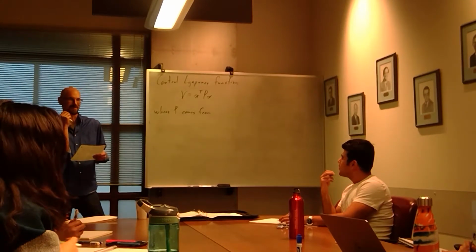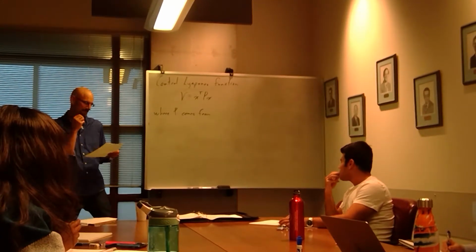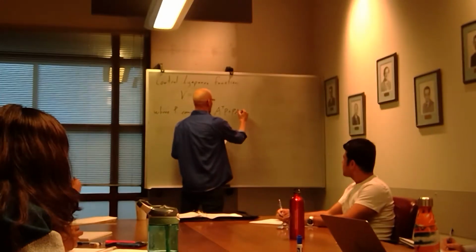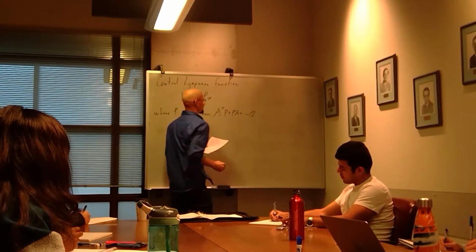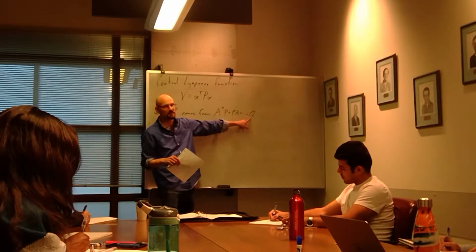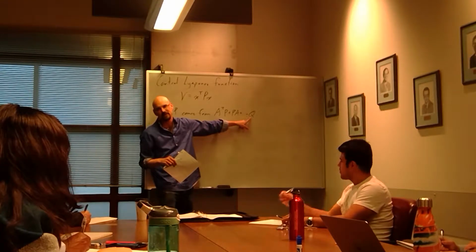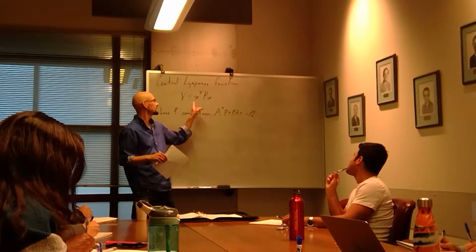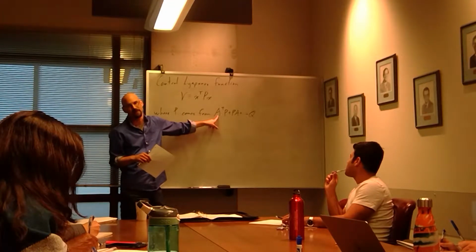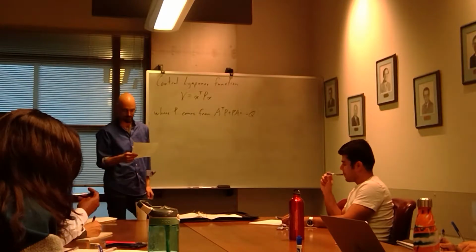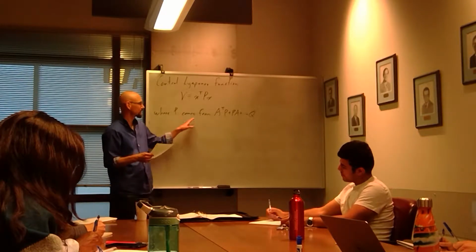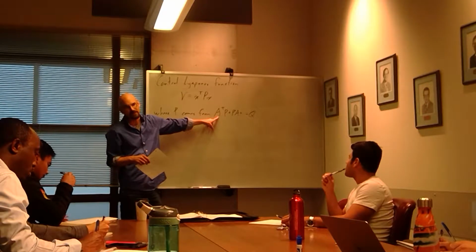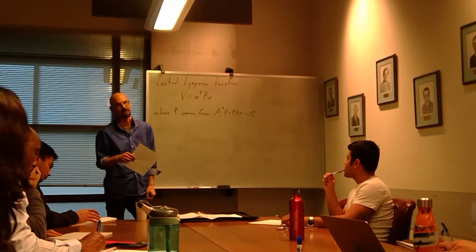Lyap. Yeah, lyap is the command in MATLAB to do it, and it's solving the equation A transpose P plus P A equals negative Q. Remember? So you pick a positive definite Q, probably just the identity matrix, and then use that lyap command in MATLAB to solve this equation, and that gives you P. A was from that previous equation that I wrote on the board, right? This works as long as the real parts of the eigenvalues are negative. This is a valid Lyapunov function.